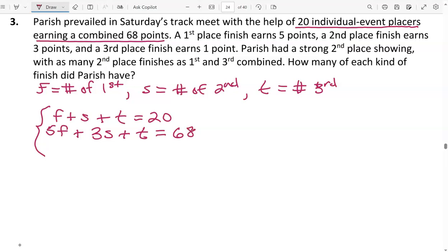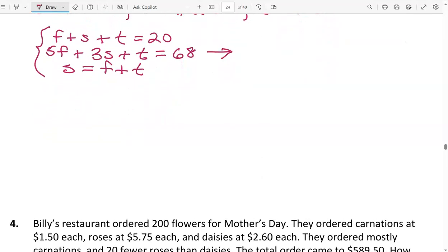And then the last part is that we have as many second place finishers as first and third combined. So that means that the number of second place finishers is equal to the number of firsts plus the number of thirds.